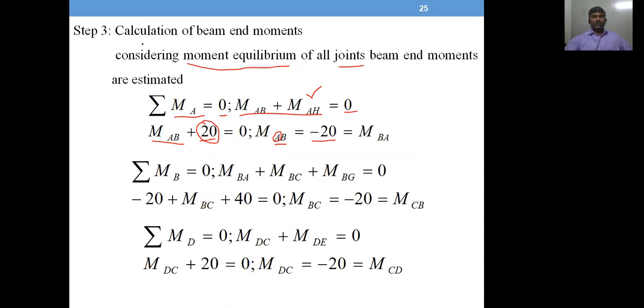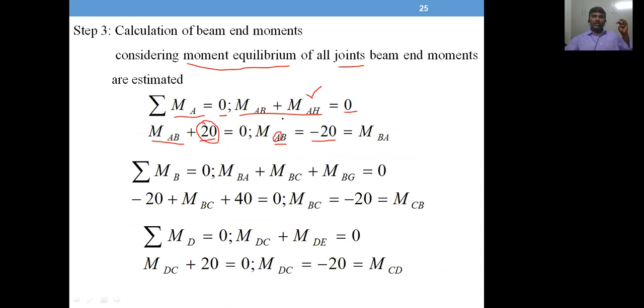So this is how we solve in a simple way for beam end moments once you know the column end moments. Likewise we need to take all the joints and calculate all beam end moments.